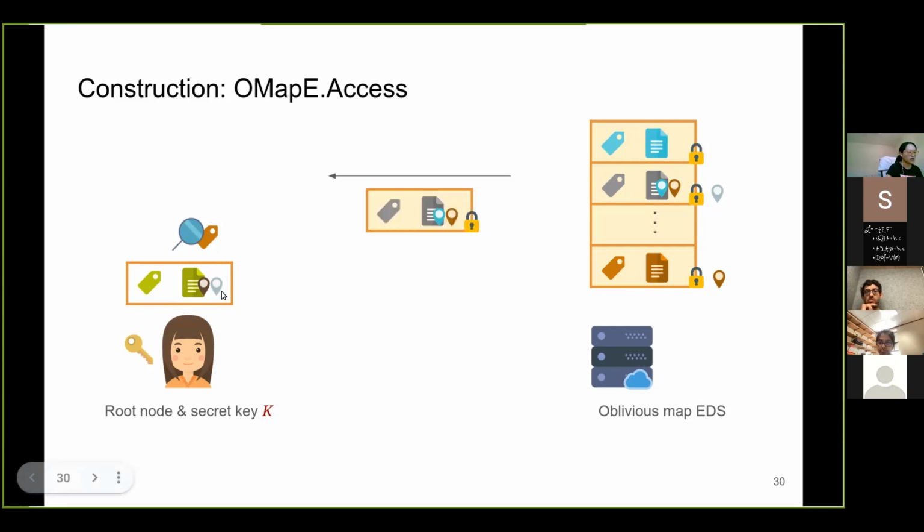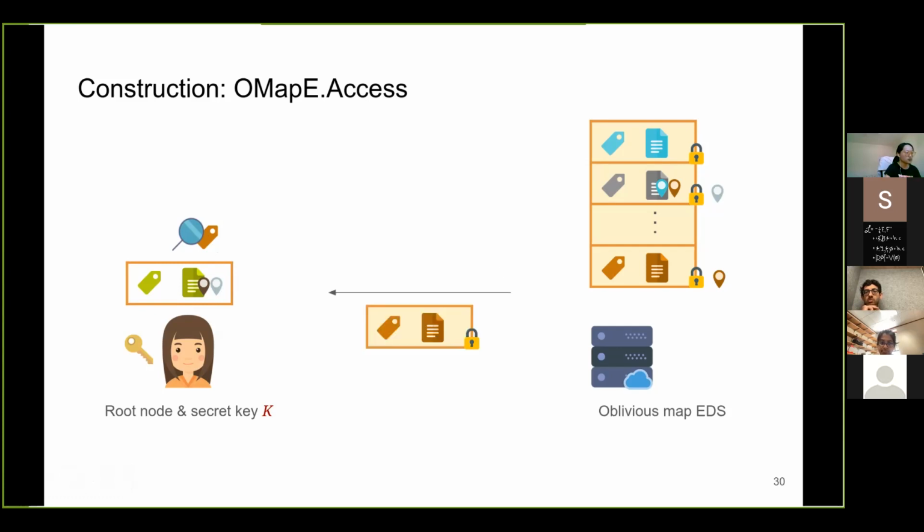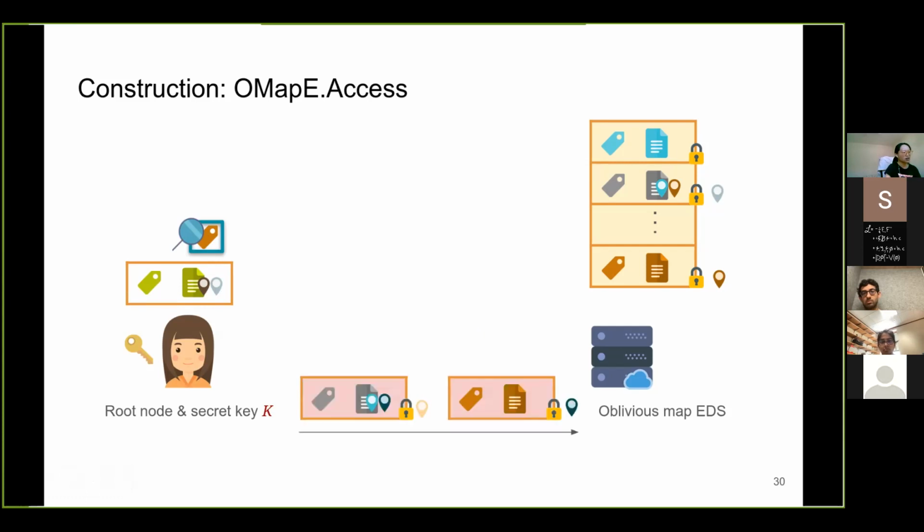The server will send the corresponding encrypted block, and then the client sends the brown position tag and retrieves the associated encrypted block. We found the matched tag, and finally we re-encrypt the blocks and send them back to the server.